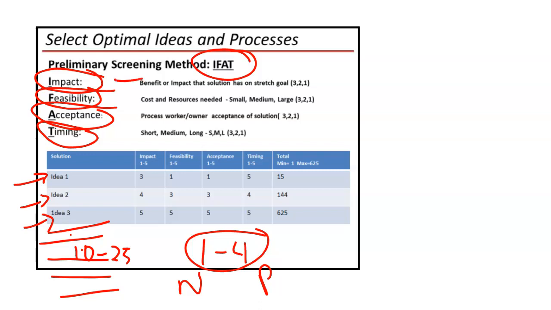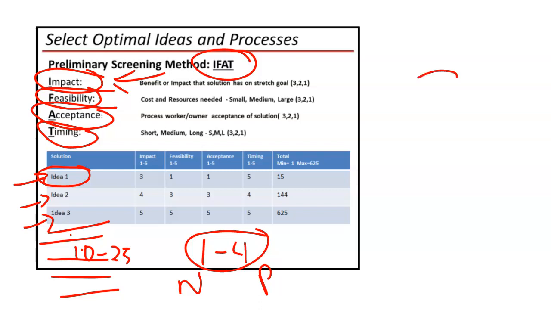Let's now take a look at what each one of these elements means, and then why I chose those elements for solution evaluation. The first element is something called impact. What I'm looking for in impact is, for the particular solution on the board that we're evaluating, what type of benefit will it have to the actual future state performance of the process?